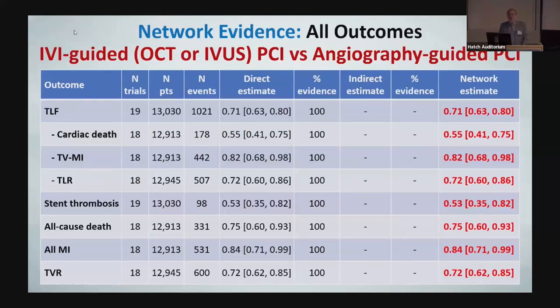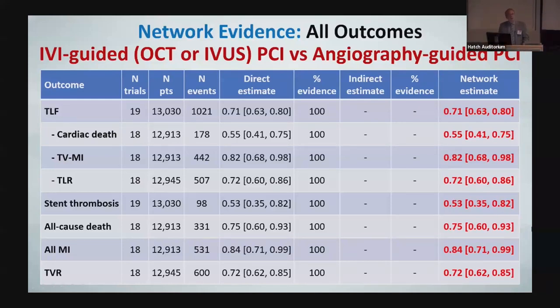Just to quickly look at all intravascular imaging with OCT or IVUS versus angiography-guided PCI. I won't go into all the details of this network meta-analysis, but the bottom line is here are the network estimates of the treatment effects. Intravascular imaging overall reduces target lesion failure, that's kind of like MACE: cardiac death, myocardial infarctions, repeat revascularization, stent thrombosis, by about 50%.